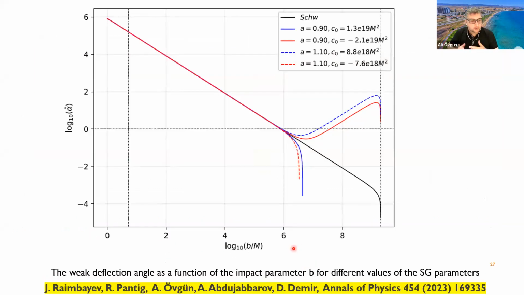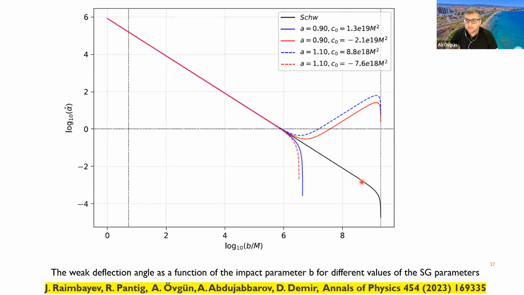We also calculate the deflection angle using the Gauss-Bonnet theorem, and we plot alpha versus impact parameter B for different values of the Symmergent parameters A and C0. The figure shows the exact formula as a function of the impact parameter B for a nearby observer, and the Schwarzschild case is the black curve.